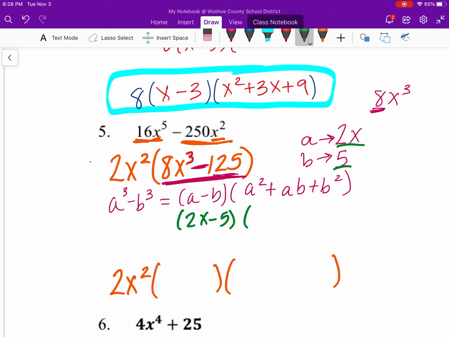Okay, so here's where it gets tricky. I have a squared. So what is 2x squared? You have to square both of those terms, right? So 2 squared is 4, and then x squared plus a times b. So what's 2x times 5? So you have to write 10x. And then b squared. So 5 squared is 25.